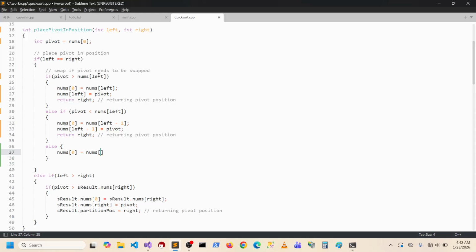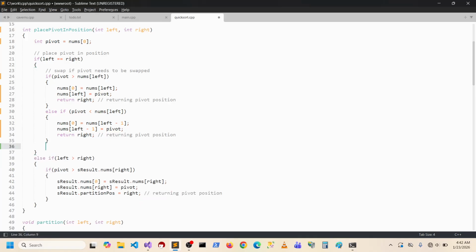So we don't want that. Pivot is less than, and it would do -1. Okay. So if it's equal, it should probably do -1 too. Let's do that. Delete that.